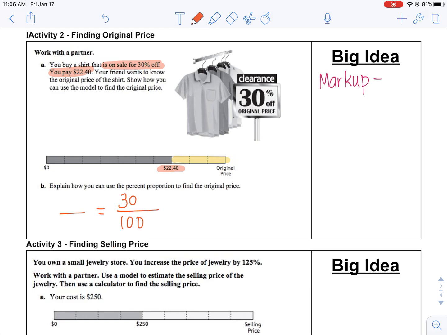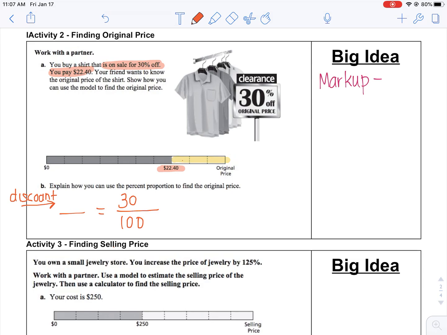I've taught you this top number has always been the discount, and we've never known the discount. But in this case, we know that we paid $22.40. So do we know the discount? I want you to think about that for a second.